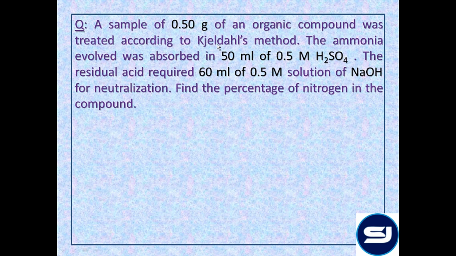So in Geldahl's method, the organic compound containing nitrogen is first treated with concentrated H2SO4 and CuSO4, and in the Geldahl's flask it is converted to ammonium sulfate.